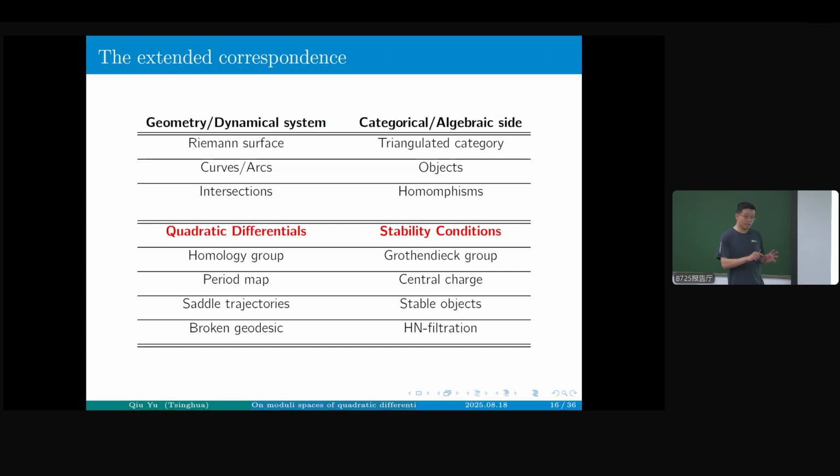Basically, stable objects are the fundamental blocks to build up other objects. And on a flat surface, the saddle trajectories are the basic geodesics. If you want to connect or realize other curves, then you can use these saddle trajectories to make a broken geodesic to get a homotopy class of other curves. So basically, once you have this correspondence, you can have a dictionary in these two areas to understand each other.